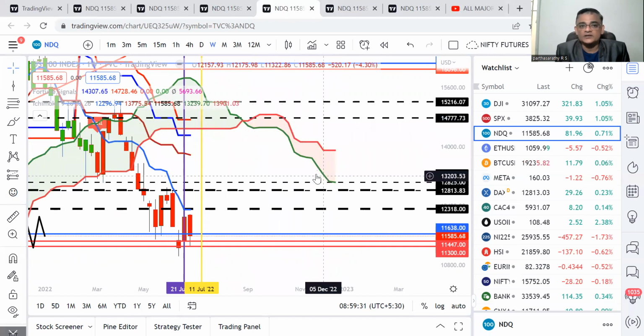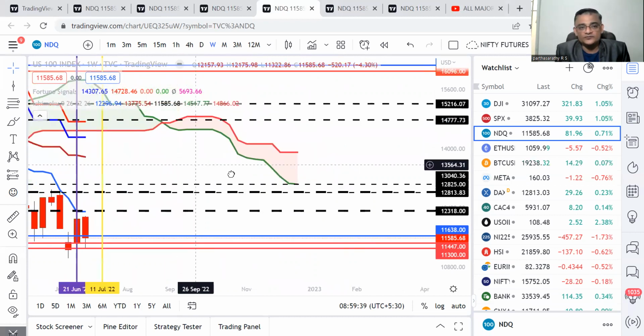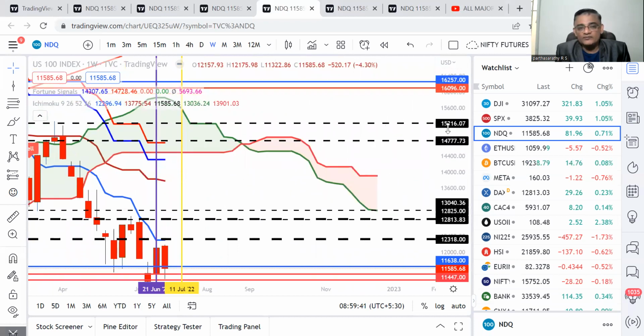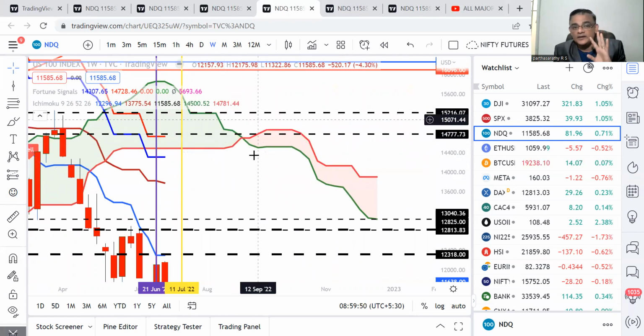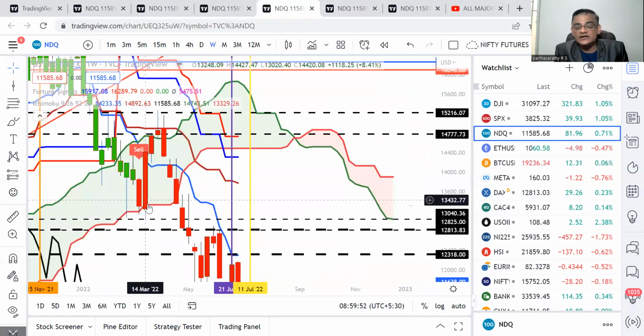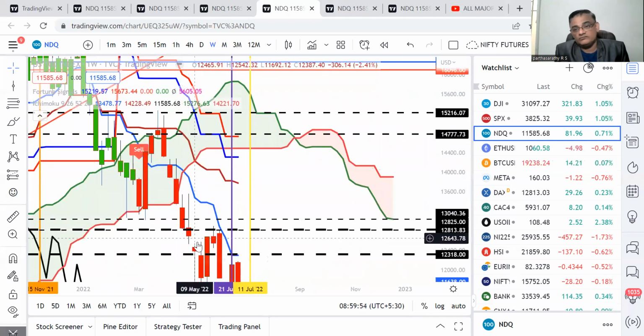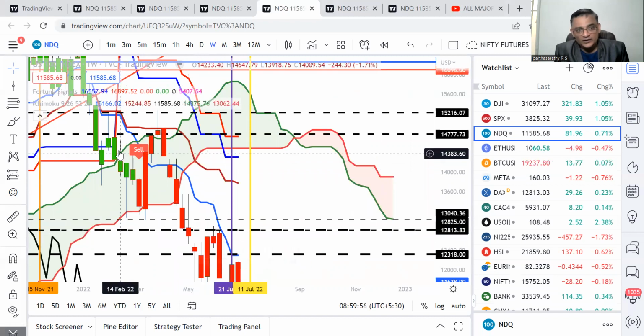There is a possibility, in case it has to break this level, on or before 29th August 2022, because Ichimoku will always try to break when the cloud width is very near. And whenever it breaks this kind of a cloud, it means the fall will be massive. Normally it won't do it.